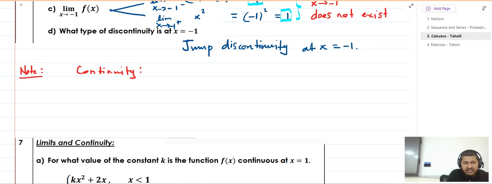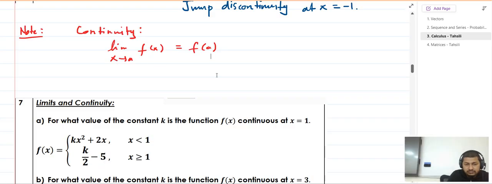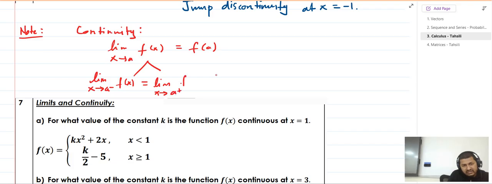We say mathematically a function is continuous at x is equal to a if the limit as x approaches a of f of x is equal to f of a. So the function value is defined at a and the limit as x approaches a exists. Sometimes when the limit is approaching a, you can approach from left and right. So we say the limit as x approaches a from the left of f of x is equal to the limit as x approaches a from the right of f of x, which is also equal to f of a.